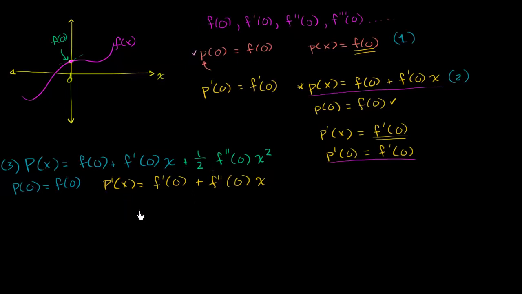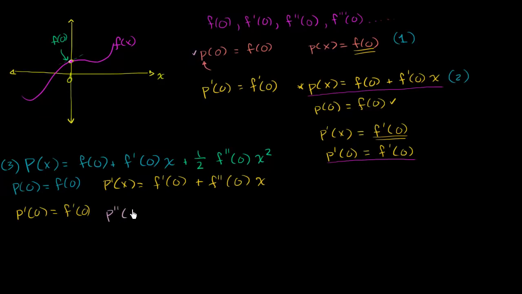Now, what is p prime of 0? So let me write it right here. P prime of 0 is what? Well, this term right here is just going to be 0. So you're left with this constant value right over here. So it's going to be f prime of 0. So far, our third generation polynomial has all the properties of the first two. And let's see how it does on its second derivative.